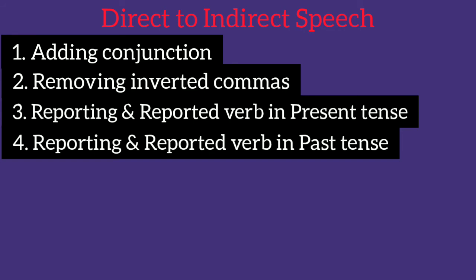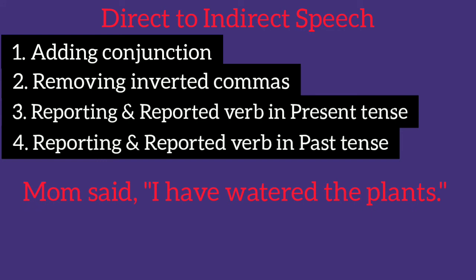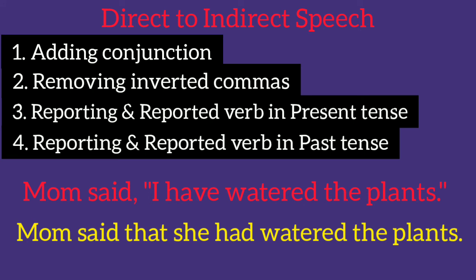Let us look into another example. Mom said, "I have watered the plants." When you convert it into indirect speech, the sentence will be Mom said that she had watered the plants. As the sentence is in statement form, I added the conjunction that by the rule 1 and removed inverted commas by the rule 2.